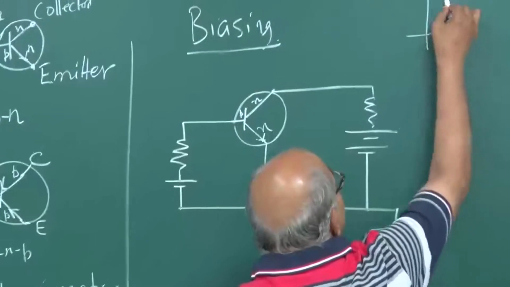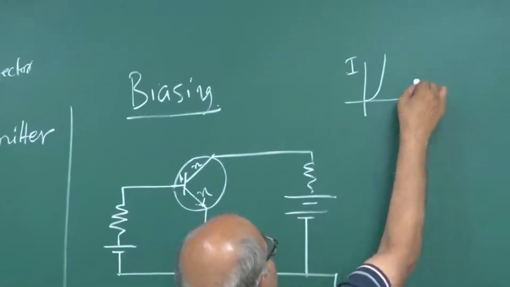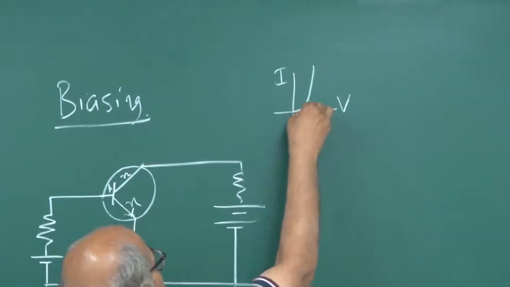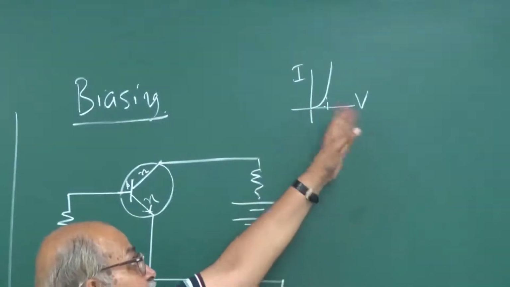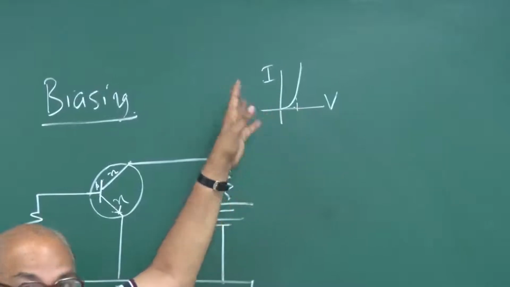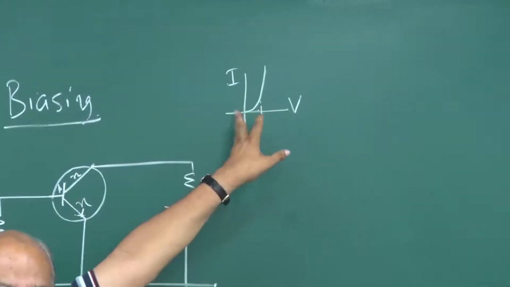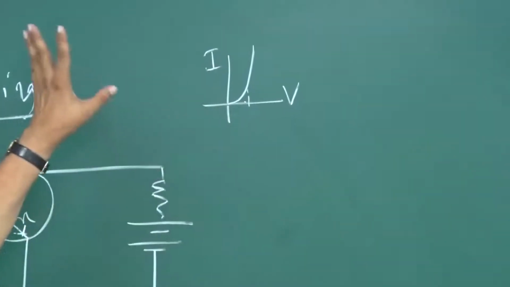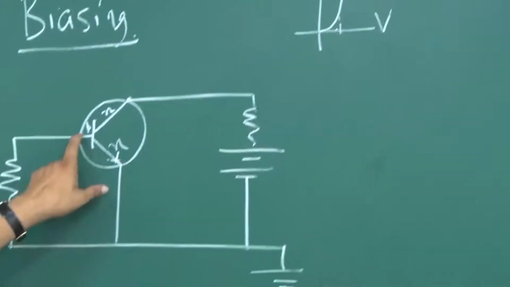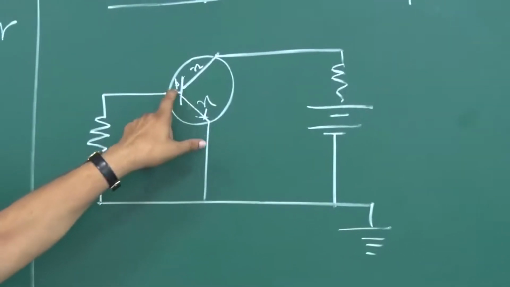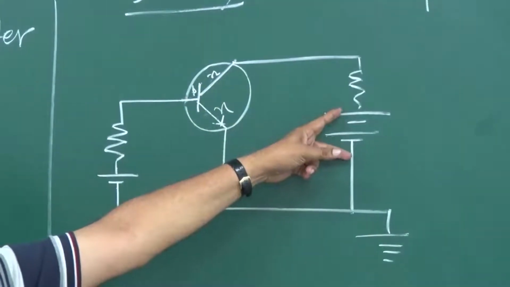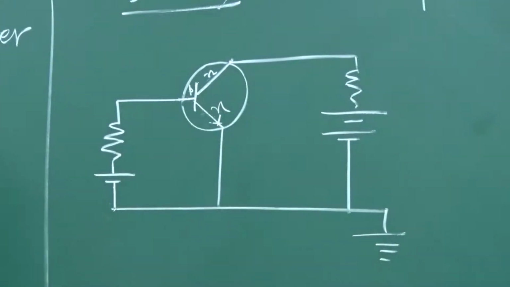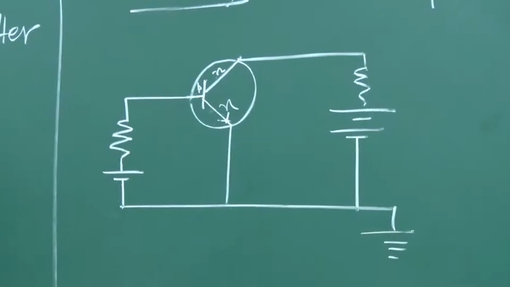So, it is like this, that current voltage characteristic. There is a voltage beyond which you really cannot go, and for silicon it has to be less than 0.6 volt or so, that knee voltage. So, that drop is there, take care of that, and then this should be reverse biased. So, that much cell should be here. Now this is fine.